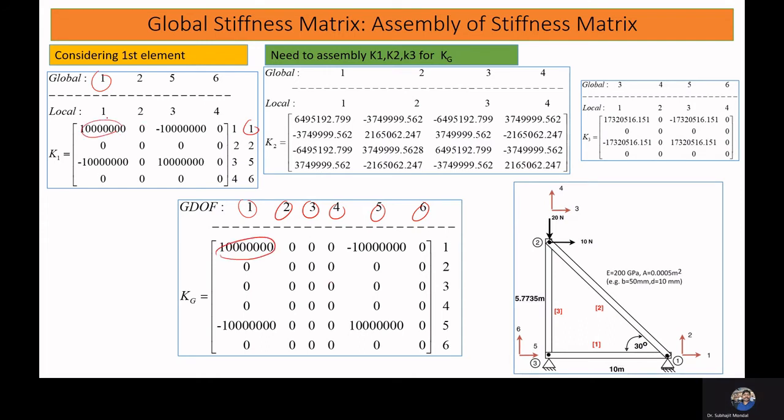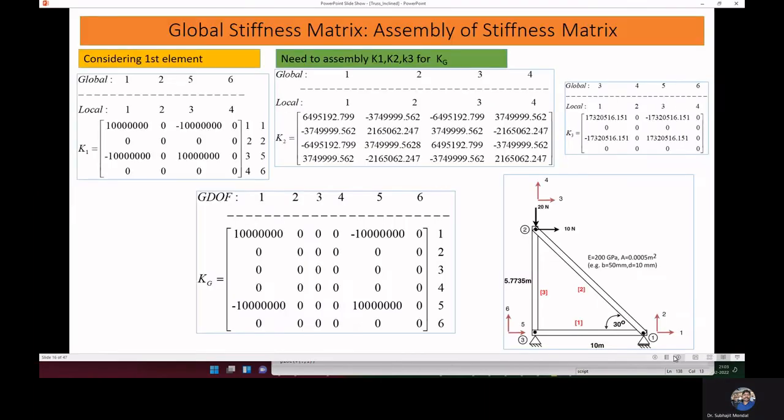Then 1 and 5, we have some non-zero value here. And 5 and 1, we have a non-zero value here. And 5 and 5, we have some non-zero value. So from element 1, we just filled these 4 non-zero terms here.